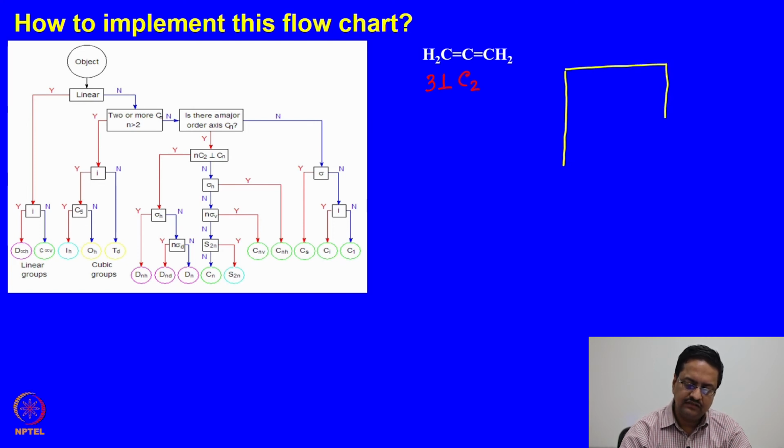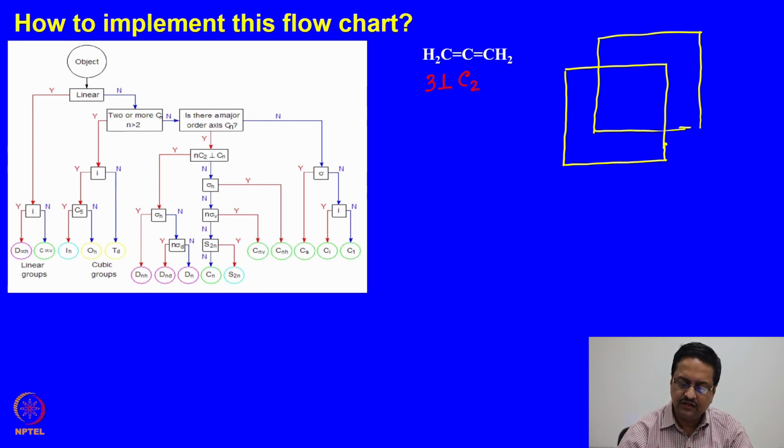Always we try to draw a cube and then we draw this allene molecule inside the cube, so that one can easily understand the presence of 3 perpendicular C2s in this molecule. So, I have drawn the cube in yellow and I will draw the hydrogens and the molecule in green.